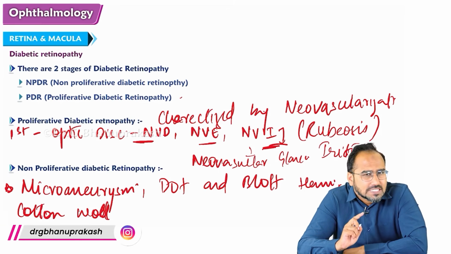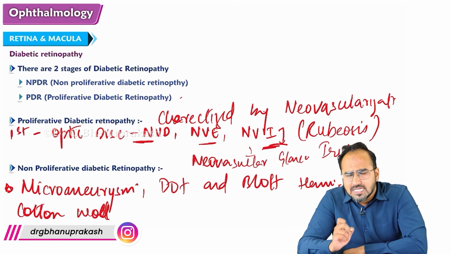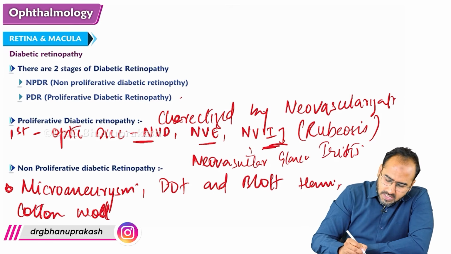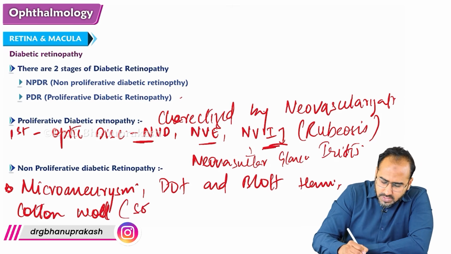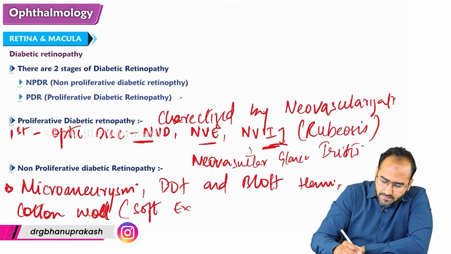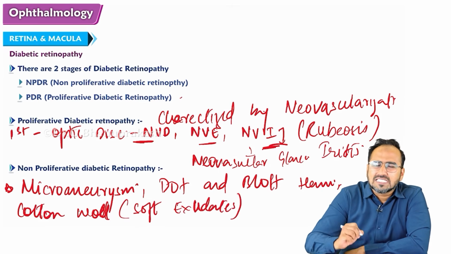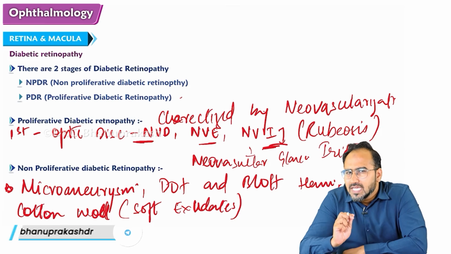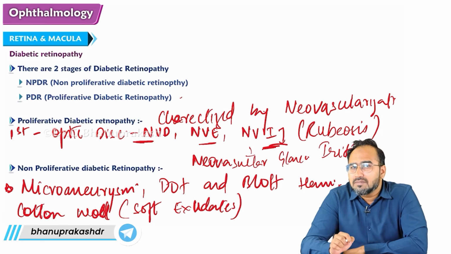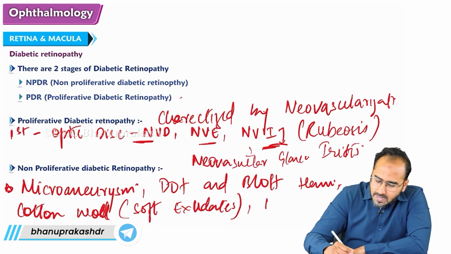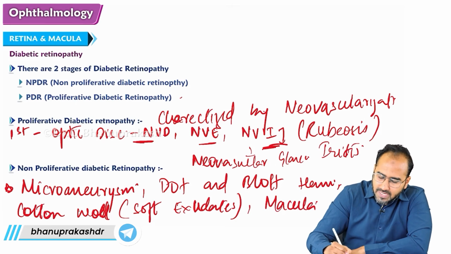Cotton wool spots are not seen only in diabetes. They are seen in some more conditions also. Now, due to some hemorrhage inside the retina, this dot and blot hemorrhage, if that blood touches the macula, the patient will develop what? Macular edema.